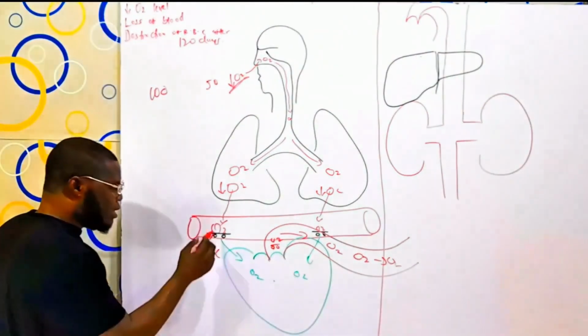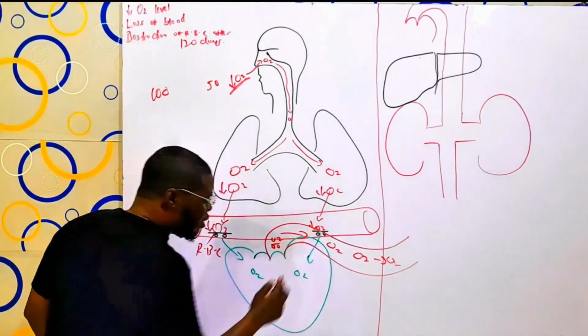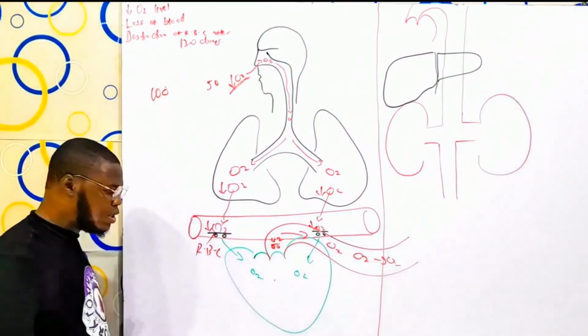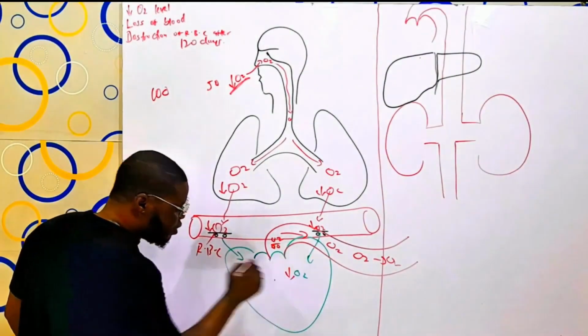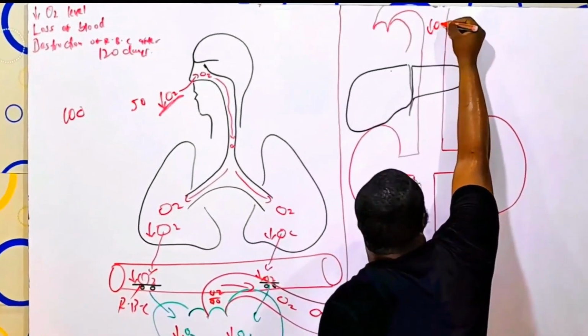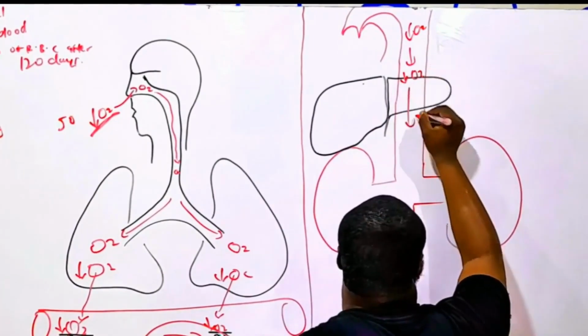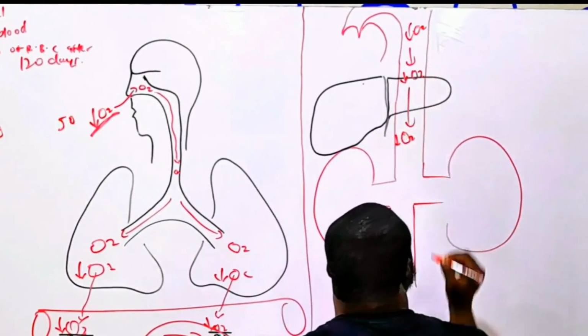Because of that, the RBC are not going to be carrying an adequate amount of oxygen. They are going to be carrying a reduced level of oxygen. Reduction in the amount of oxygen reaching the heart is going to occur, and the oxygen within this place is going to be low as well. So the amount of oxygen in the blood is going to be decreased.